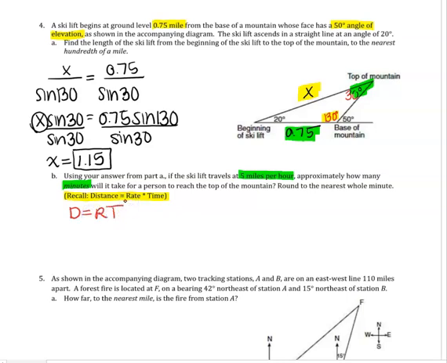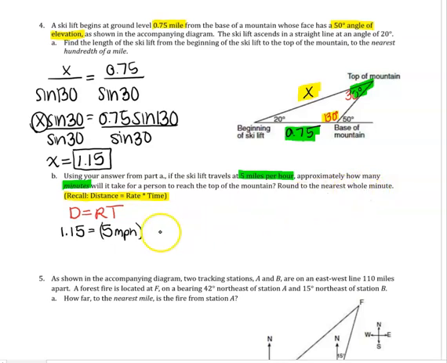Because dirt, D equals R times T. So they're telling me we are traveling up the ski lift, which we just found was a distance of 1.15. And we're traveling 5 miles per hour. So that's my rate. I'll kind of write miles per hour here for a second.